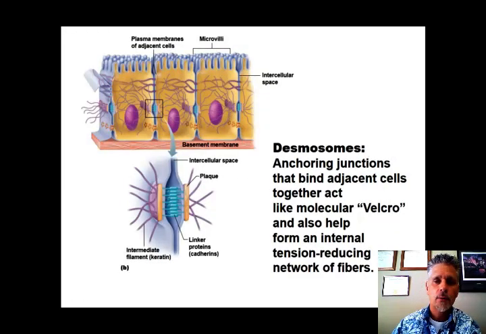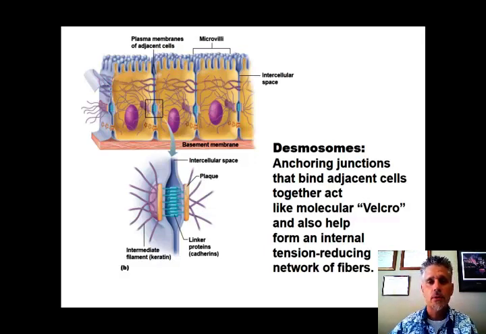Desmosomes is where we're anchoring cells together, but at a particular spot. It's a little bit like Velcro, and I'm sorry I don't have a Velcro shirt to really demonstrate that. I should, otherwise I'd be ripping it apart, and that would be distracting. But at a particular part, they're going to adhere these cells to each other.